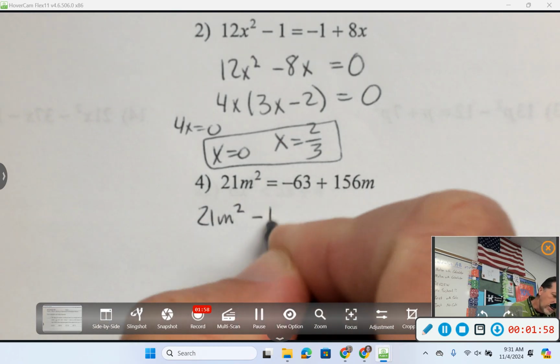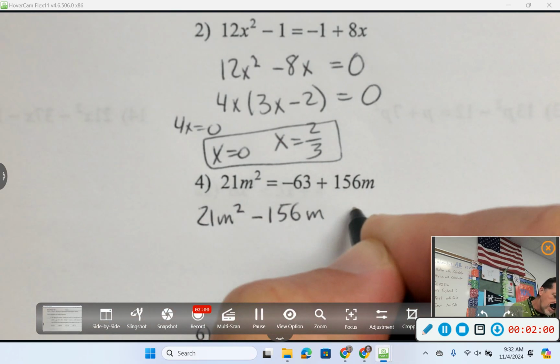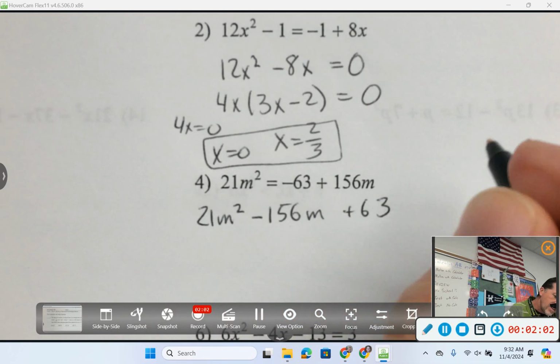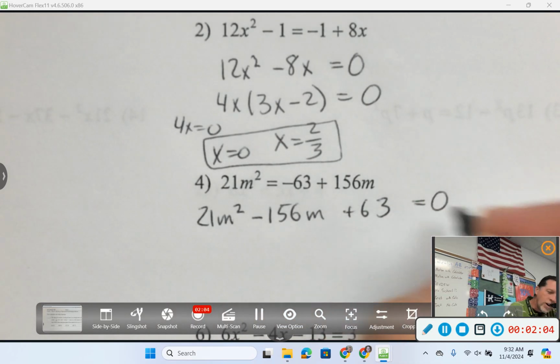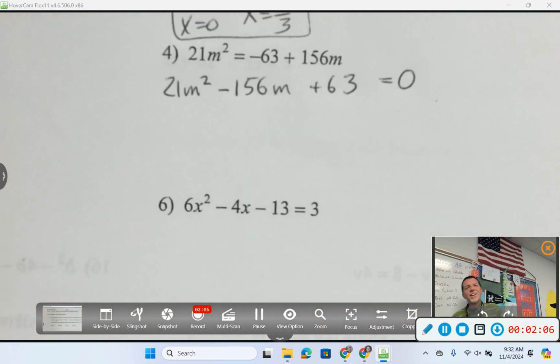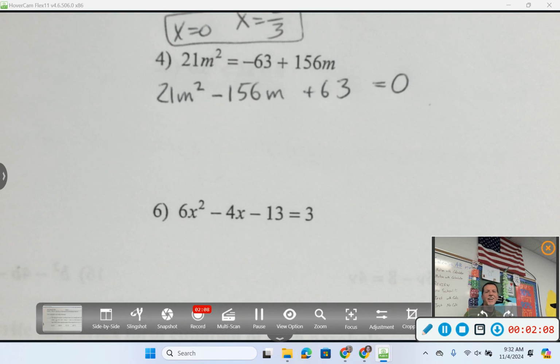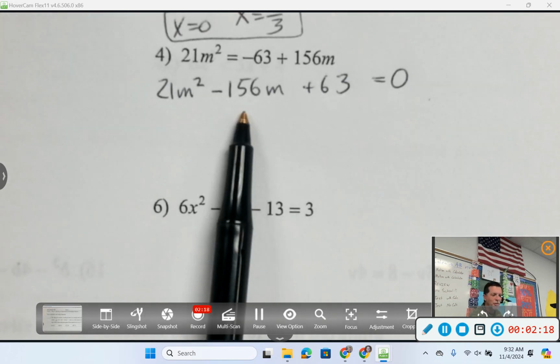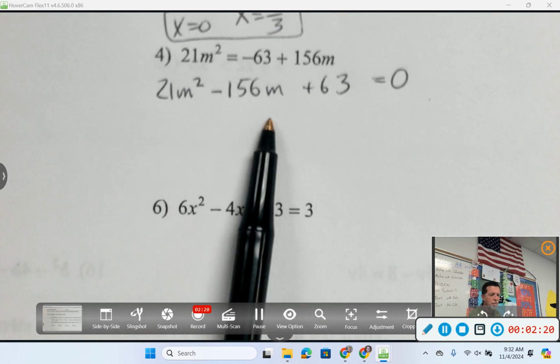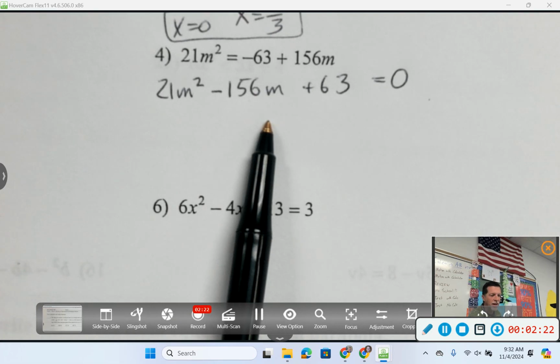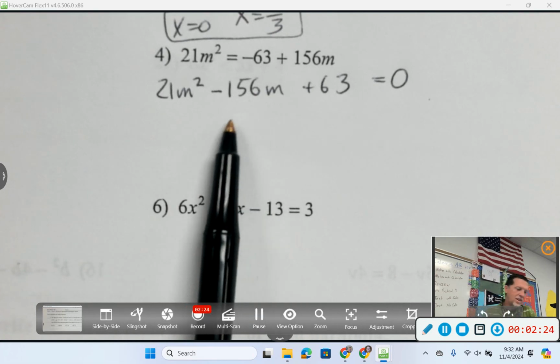Number 4. What in the world? Thoughts? 21 and 63 are divisible by 21, but I don't know if 156 is divisible by 21.